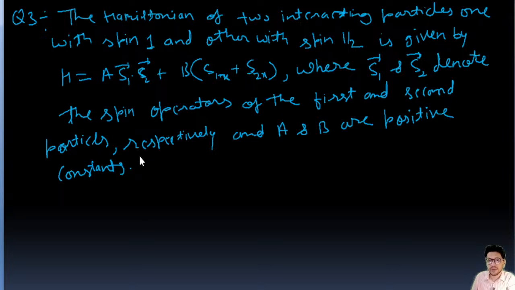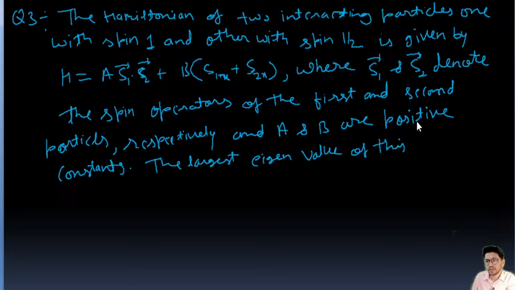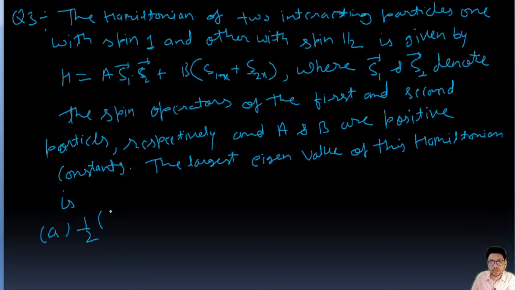The largest eigenvalue of this Hamiltonian is: Options are, option A is 1 by 2 A h cut square plus 3 B h cut.